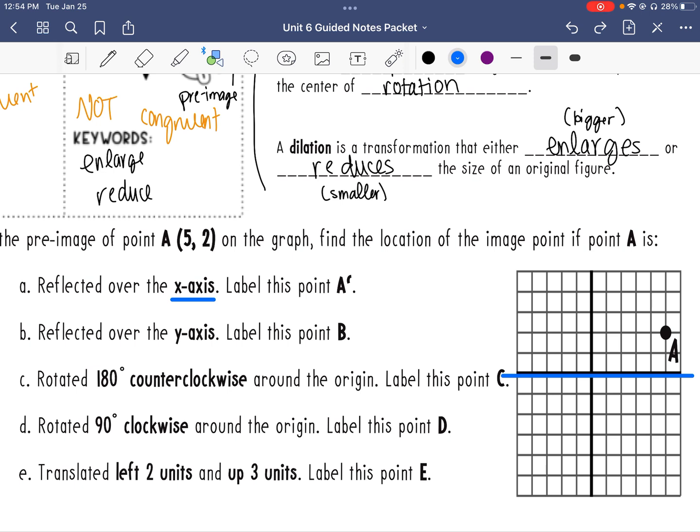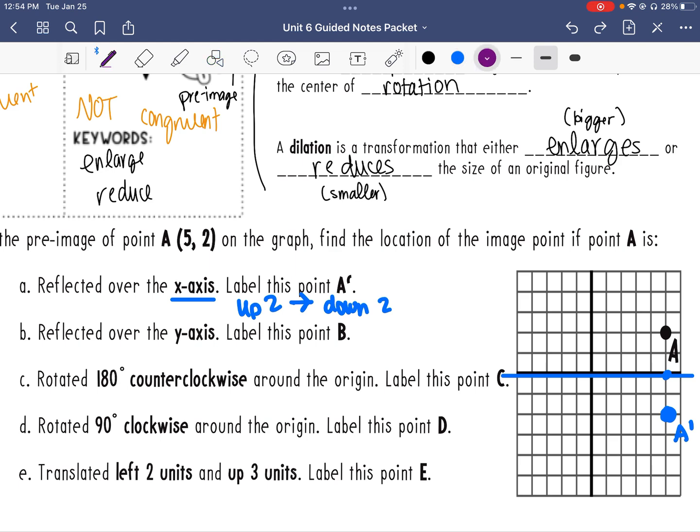Now, hopefully you said, oh, Mrs. Boyce, you would just have to go up 2 to get to A. Well then, to get to A prime, we want to do the opposite. So we're going to want to go down 2. So we're going to go back to the line of reflection, go down 2, and that's going to give us our A prime. Now it has been reflected across that x-axis.